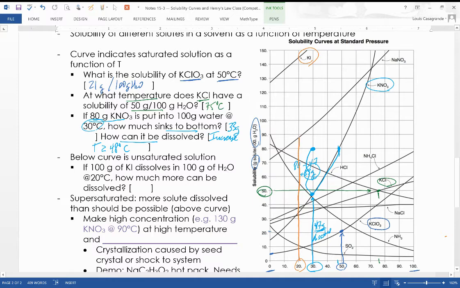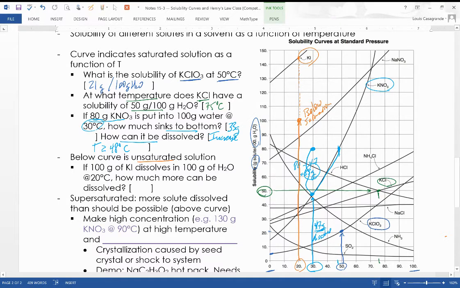to, now I'm going to hit 100 grams before I hit my potassium iodide. So I am below the saturation limit relative to the potassium iodide. So this is an unsaturated solution.